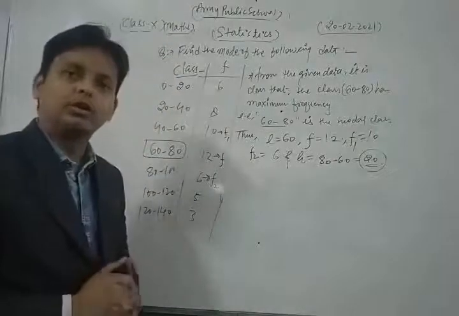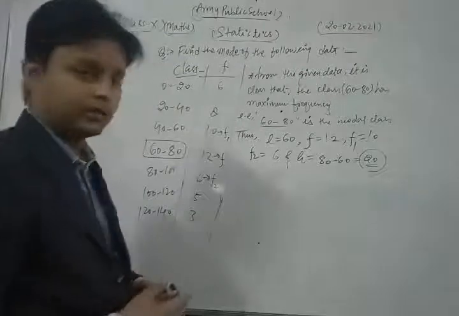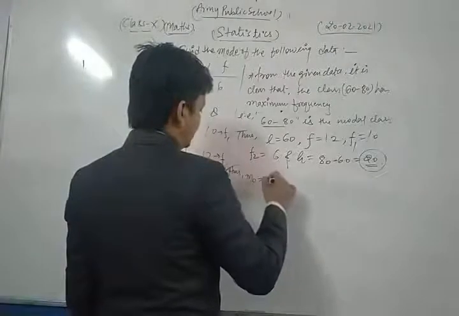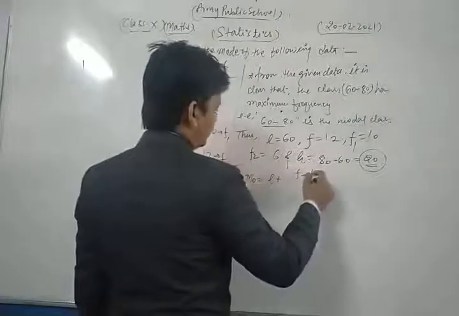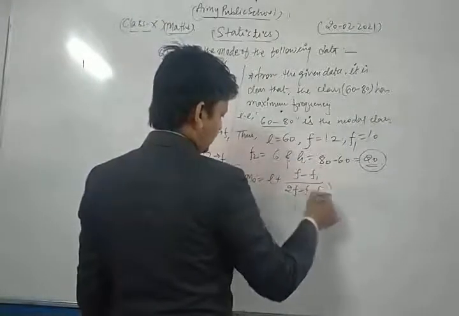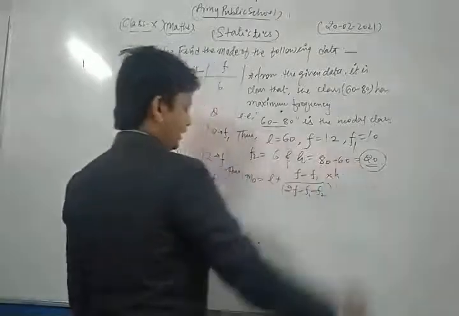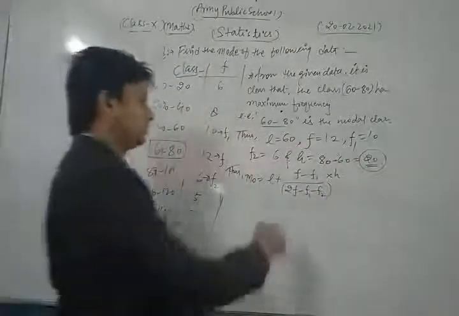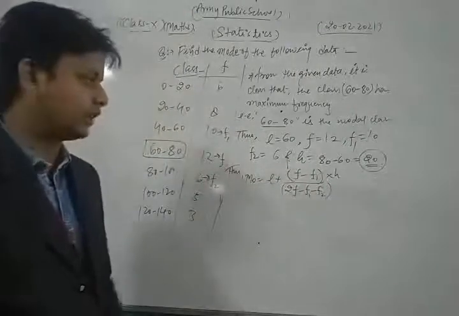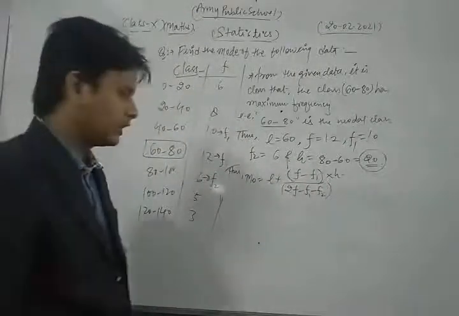Now we find the mode. Now we apply the formula. Mode equals L plus F minus F1 upon 2F minus F1 minus F2, into H. This is the formula to find the mode of grouped data. Now we put each and every value in that formula.